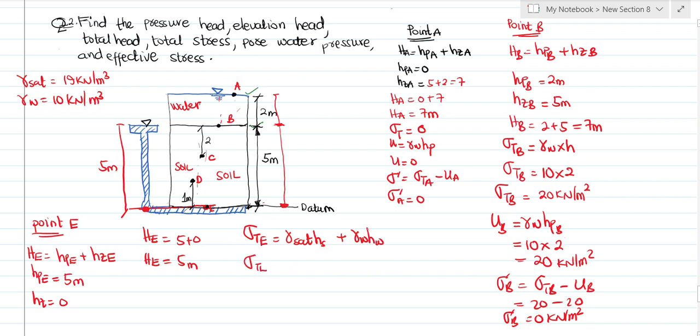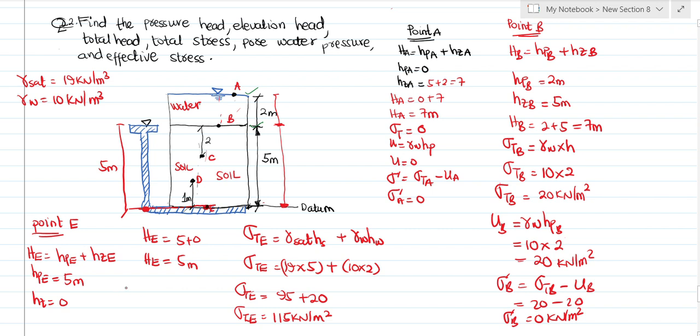Gamma sat is 19, the height of the soil is 5, plus gamma of water, which is 10, times 2, right? And so the total stress here is 95 plus 20, which is 115 kilonewton per meter squared.